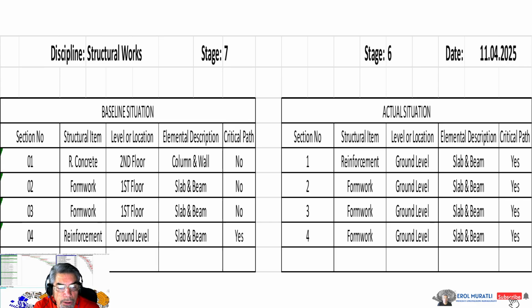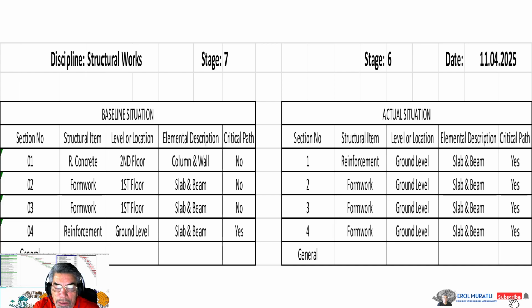And the same for section 4 also. We will transfer the data regarding the actual works from the visual. And the general, as you see, is still at the actual works; of course, even in the planned work we did not reach it, so at actual also we cannot reach it.